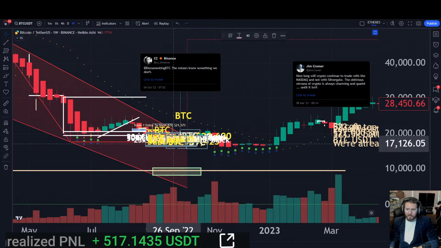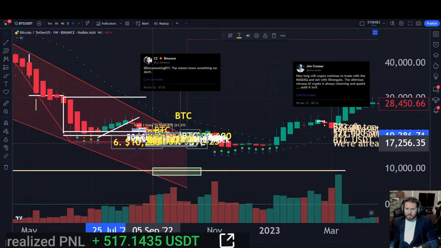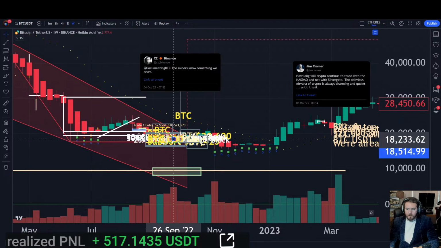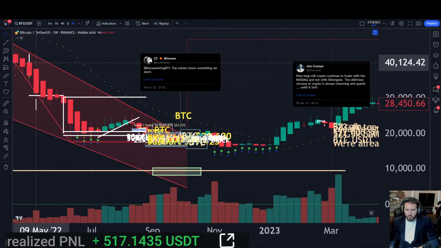Right now in the short time frame, we have some more upside though. But on the more macro, we have a little bit more downside to that 40K. And I'm going to speak a little bit about how we're going to get there. We are going to go there. I promise you, we are going to go to 40K.